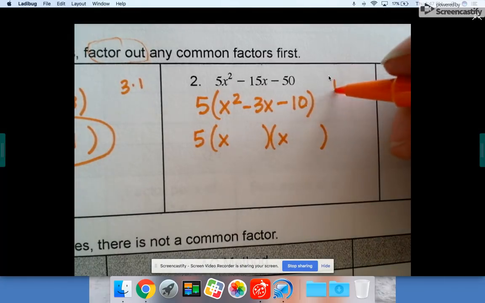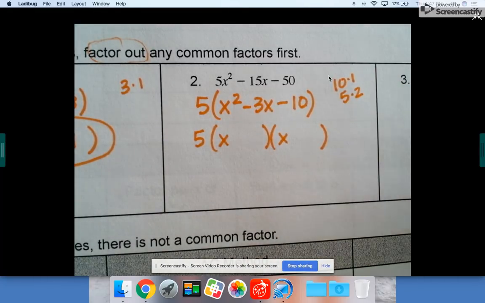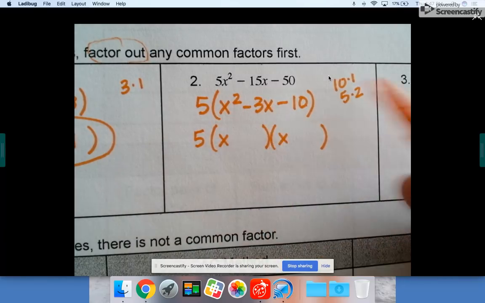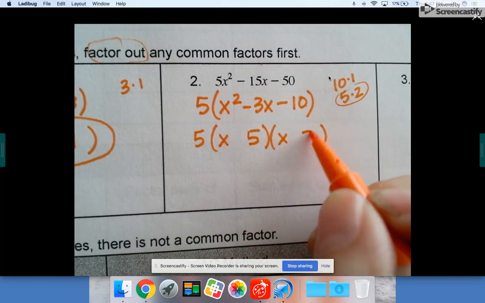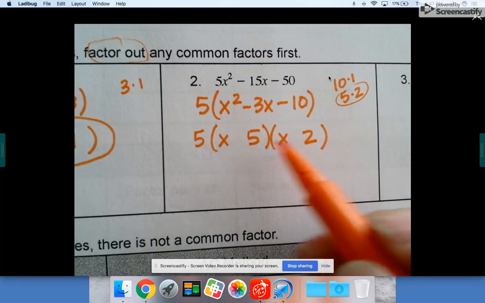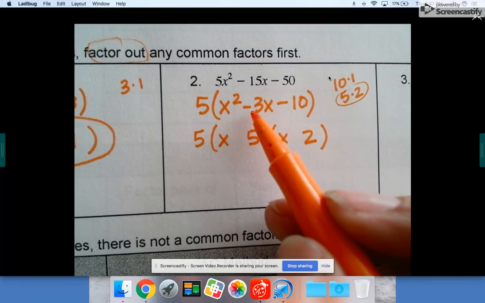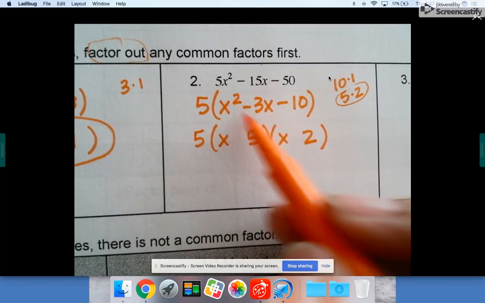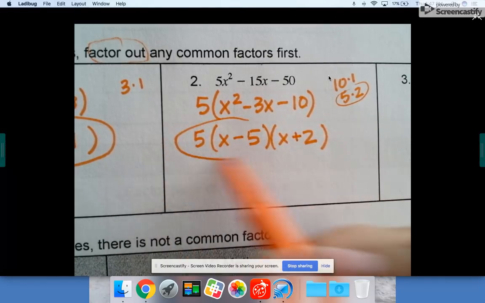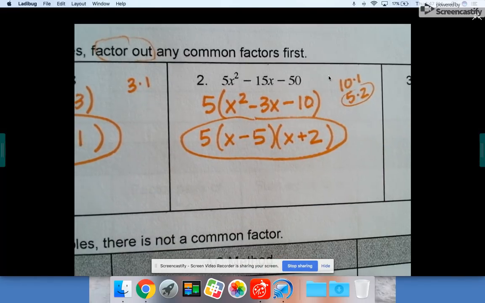Factors of 10 are either 10 and 1 or 5 and 2. And we know that our middle term, when added, needs to be negative 3. So that's going to be the 5 and 2. And because it's a negative when you multiply, one of these has to be negative. And when you add, negative 3 is the answer, so our bigger number needs to be negative. So you're done there.